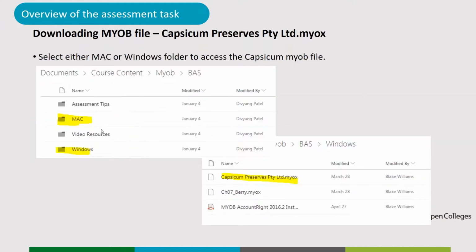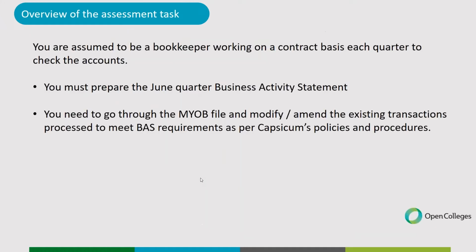Then for the Mac users, click the Mac folder to get Capsicum Preserves Pty Ltd.myo. For the Windows users, click on the Windows folder to get Capsicum Preserves Pty Ltd.myox. Now, if you haven't installed MYOB on your computer, you will also have to download how to install the MYOB 2016-02. Okay, so let's get started.